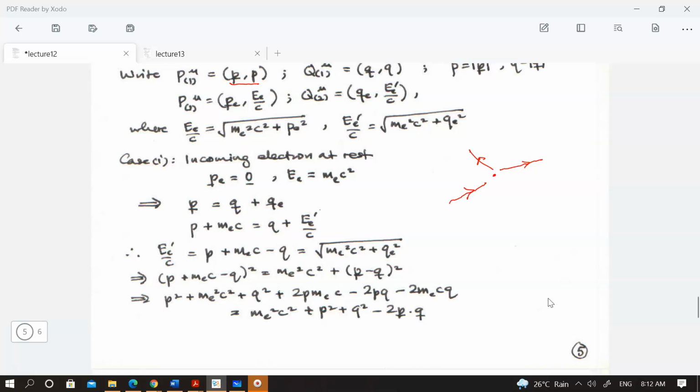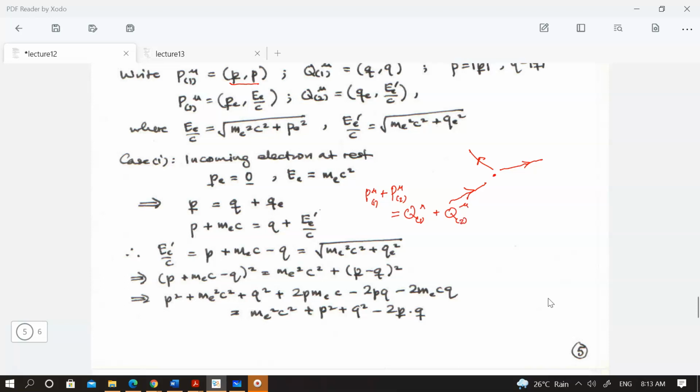So, conservation of your four-momenta. In other words, P mu 1 plus P mu 2 will be equal to Q1 mu plus Q2 mu.